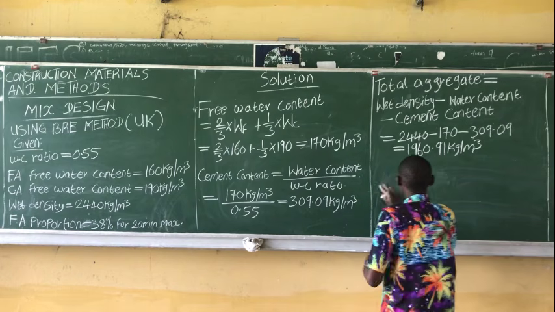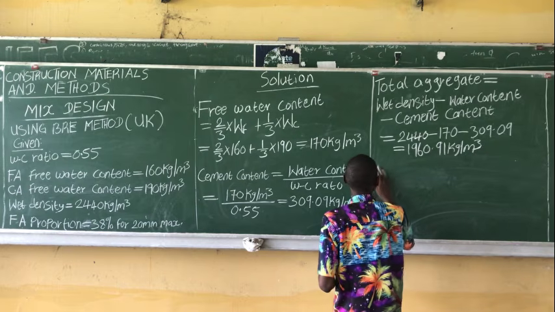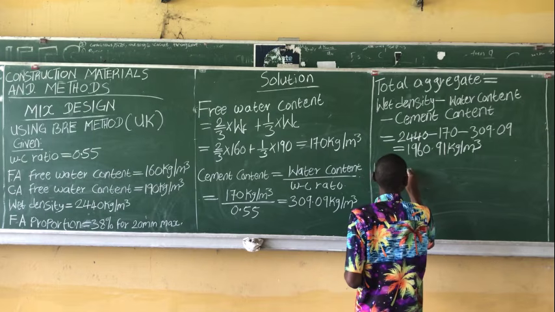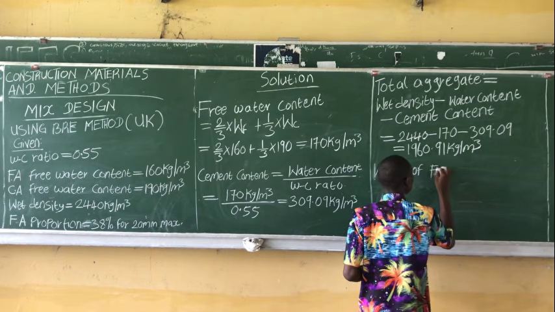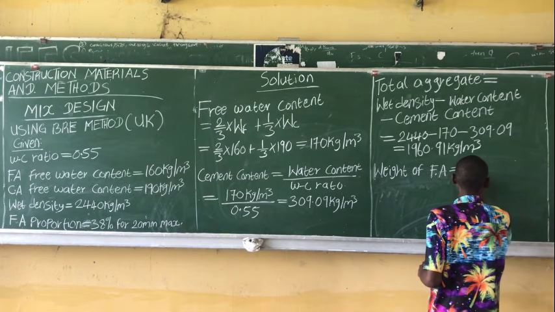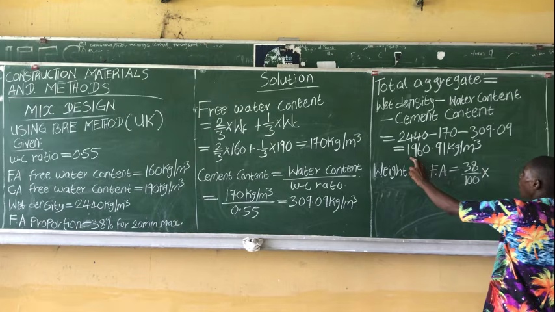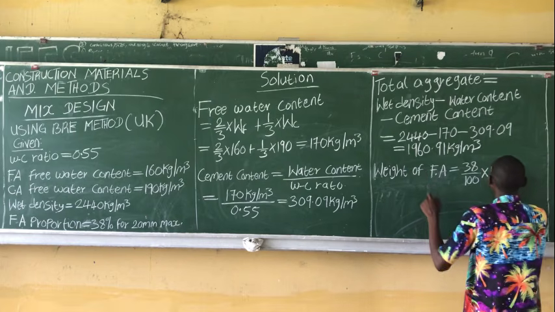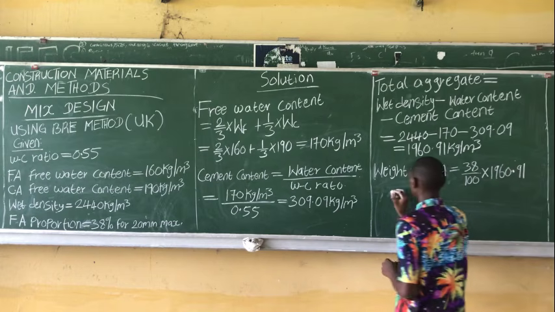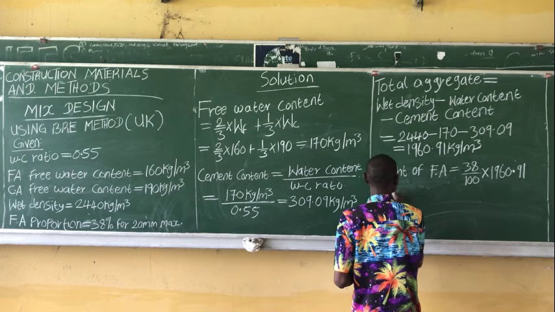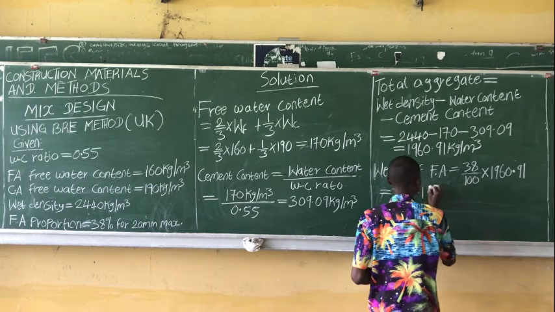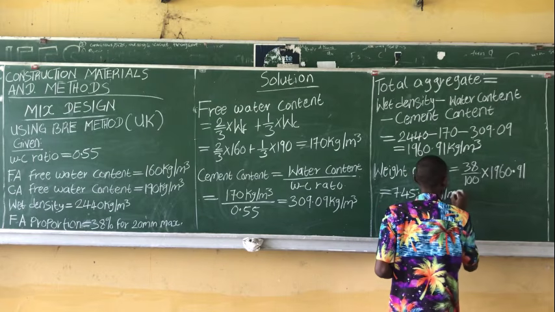So the weight of fine aggregate FA is equal to 38/100 times the total weight of aggregate, 1960.91, and that's equal to 745.16 kilogram per meter cube.